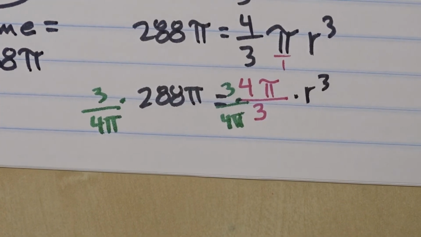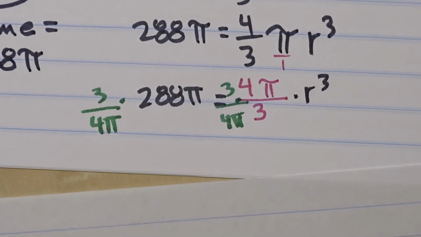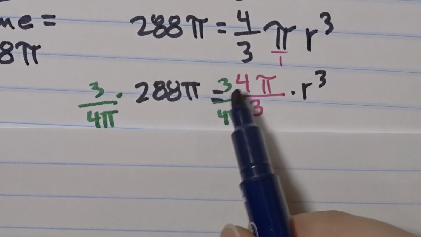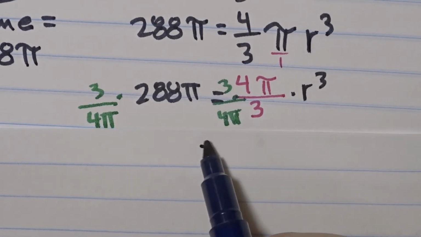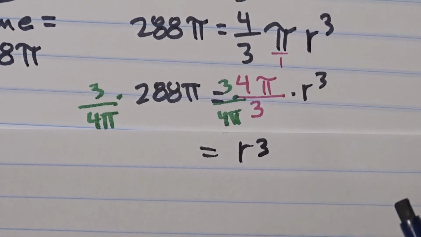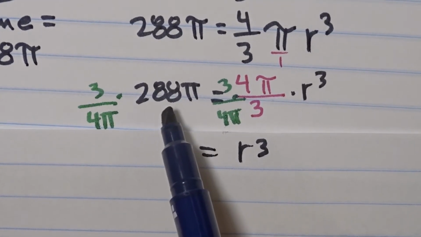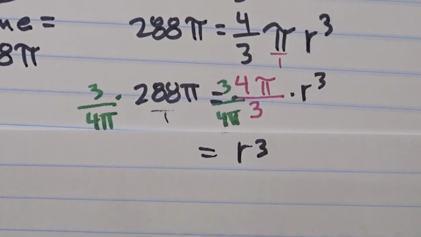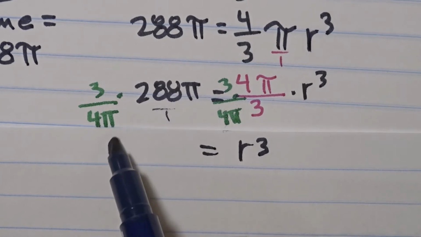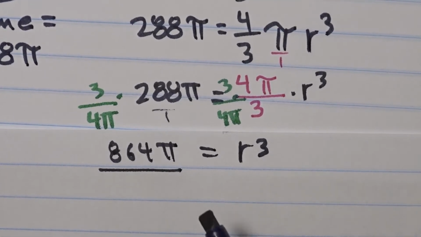So now to do this, let me get another paper. Now what I'm getting here is this would be 12 pi over 12 pi, which is gone. And then we end up with just r cubed. And then on this side, you put a 1 under here, and you get 864 pi all over 4 pi.